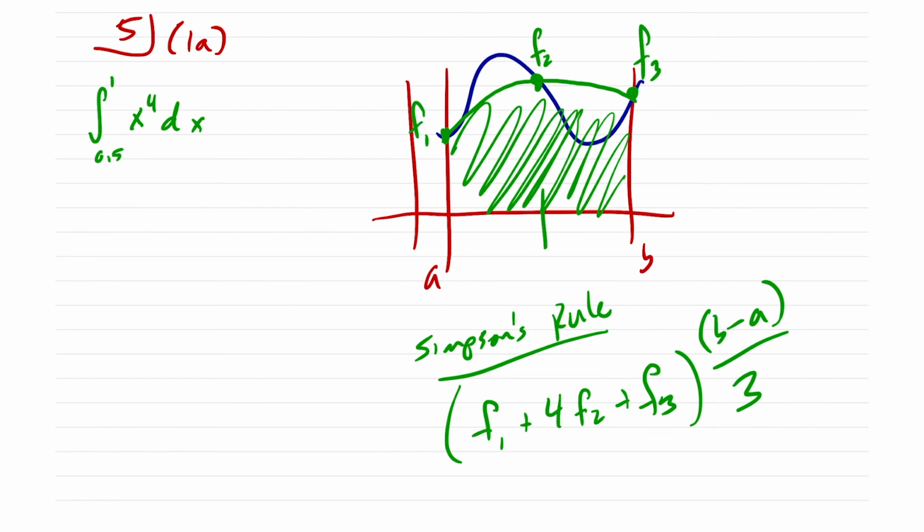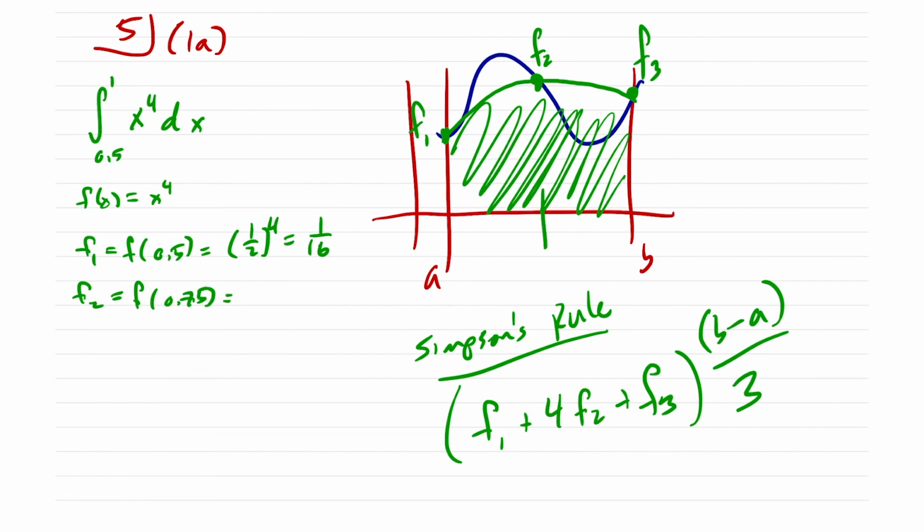In this case, f of x is x to the 4th. f1 is f of 0.5, which is 1/2 to the 4th power, which is 1 over 16. f2 is f of 0.75, or 3/4, so 3/4 to the 4th power, which is 3 to the 4th over 4 to the 4th. 4 to the 4th is 64, and 3 to the 4th is 81.